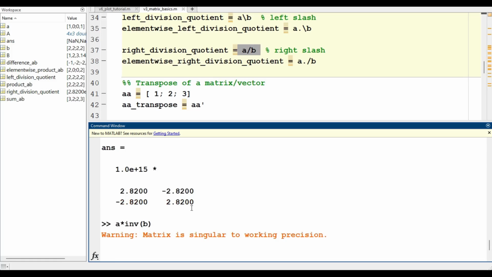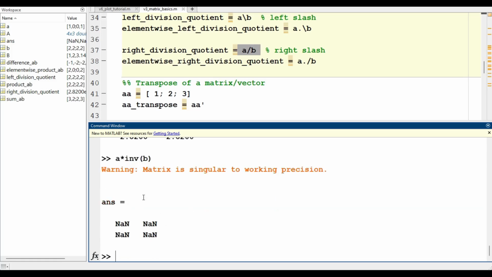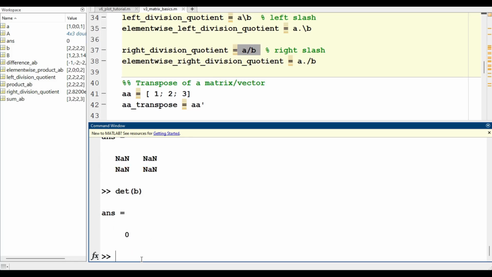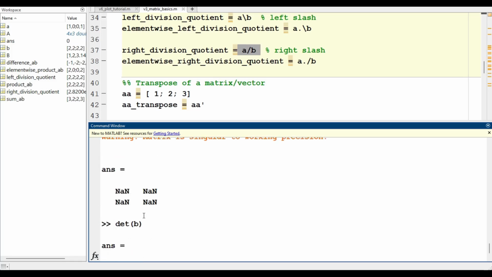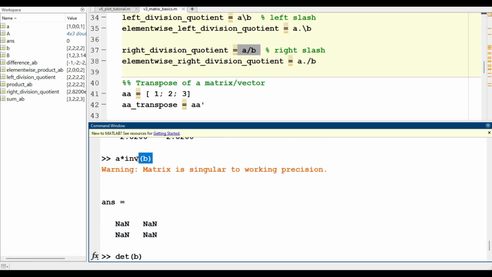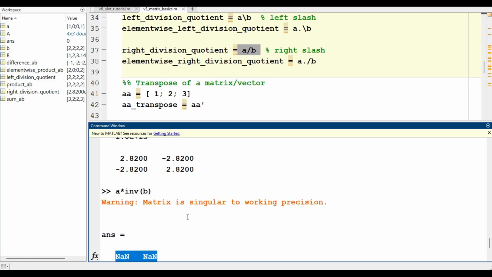Okay, fine. The reason being that if we find the determinant of B, it is 0. That means it is a singular matrix. So when it is a singular matrix and you try to find the inverse of that singular matrix, you will not get an inverse. It is non-invertible.